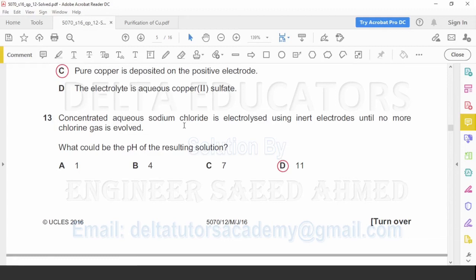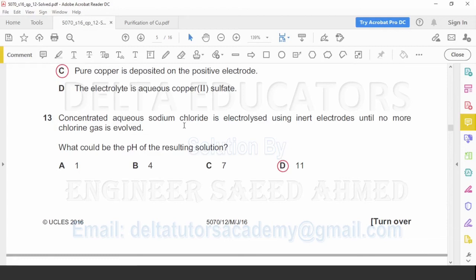At anode chloride ions will migrate, lose electron and chlorine gas will be liberated. So hydrogen ion will be converted to hydrogen gas and chloride ion to chlorine gas. Now what is remaining in the solution? We have sodium ion and hydroxide ion. So we have sodium hydroxide, and sodium hydroxide is an alkali.